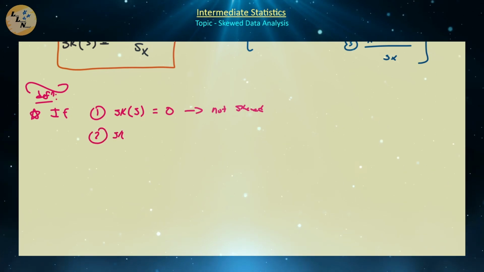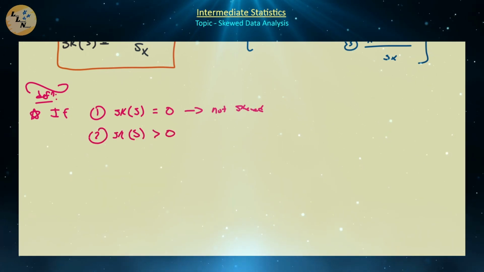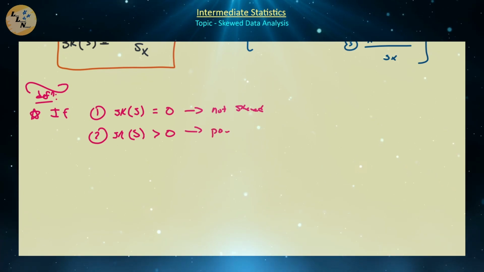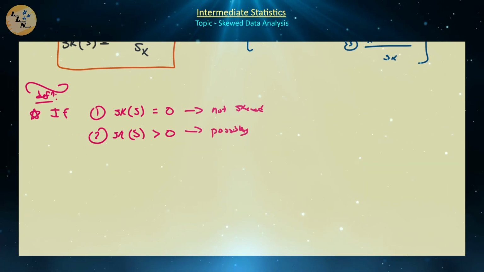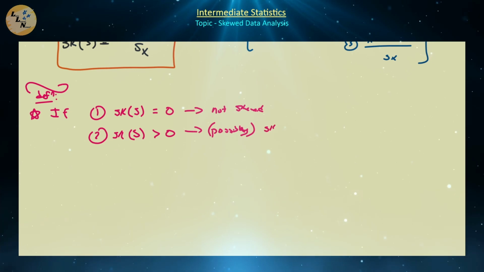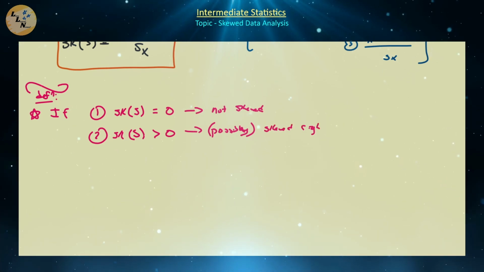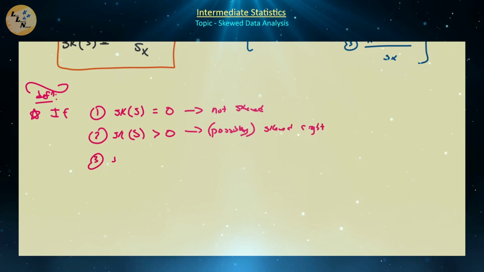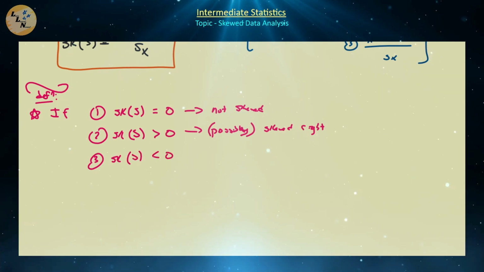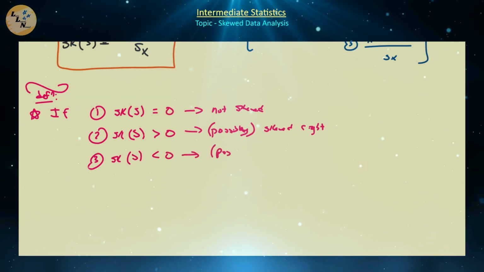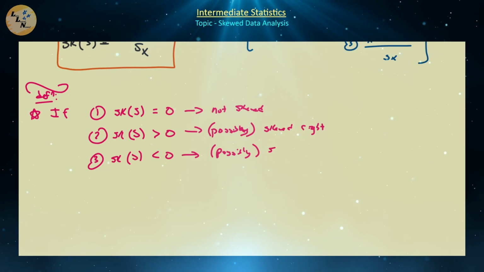Second, if the skewness of S is greater than 0, based upon these definitions, then we'll say it is possibly, some people will say positively, skewed to the right.